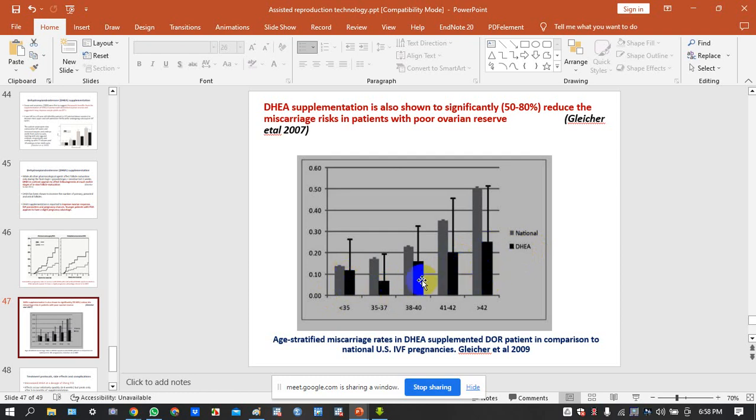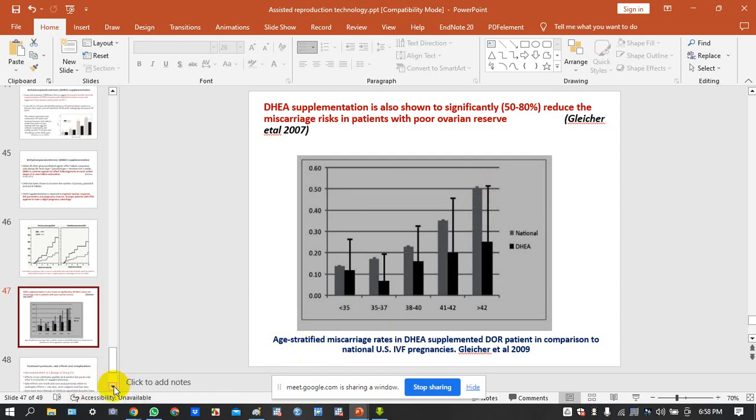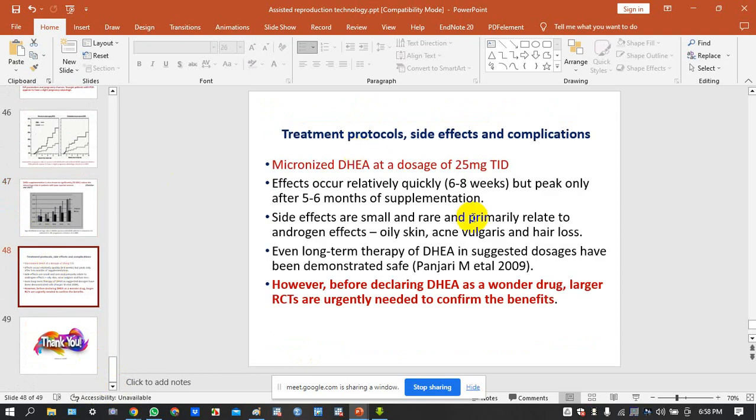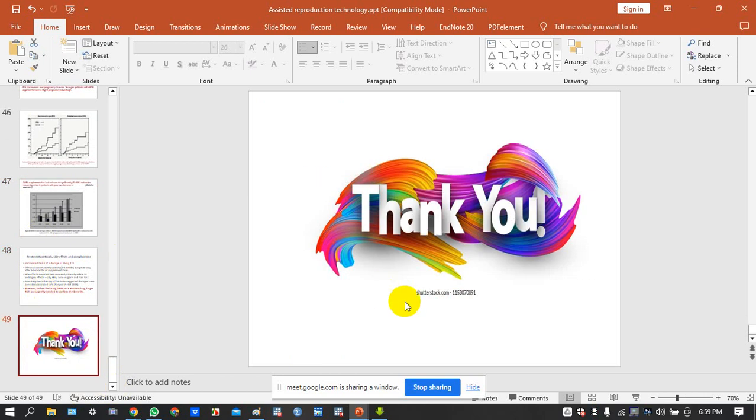They are in the black, so they have a lower rate of miscarriage compared to those who do not have the luteal phase support or the DHEA. So when you go for IVF, that is not enough. There are some things you should do. They have to give you some medications that will improve and make your endometrium very competitive and receptive for the fetus to grow. Without much ado, I bring the curtain down for today's lecture.